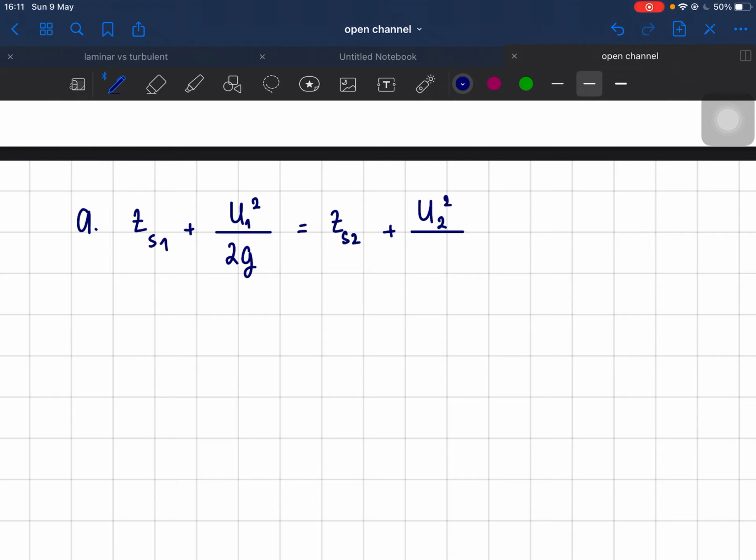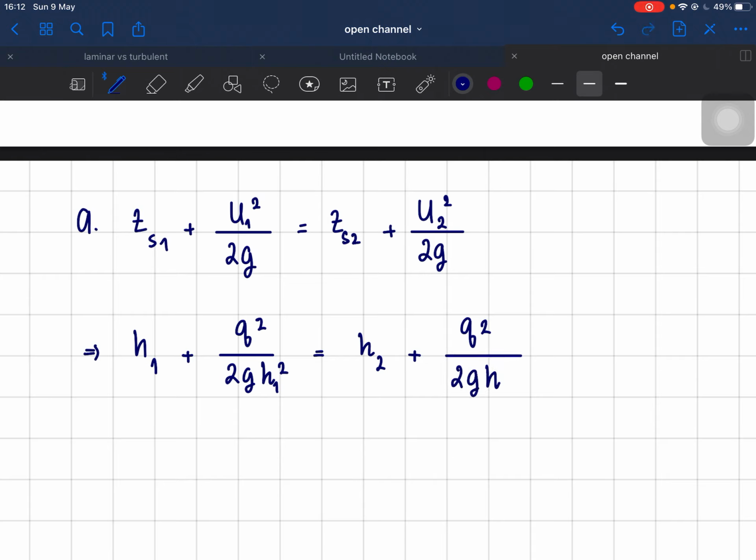So we have H1 plus q squared over 2g H1 squared, equals H2 plus q squared over 2g H2 squared.